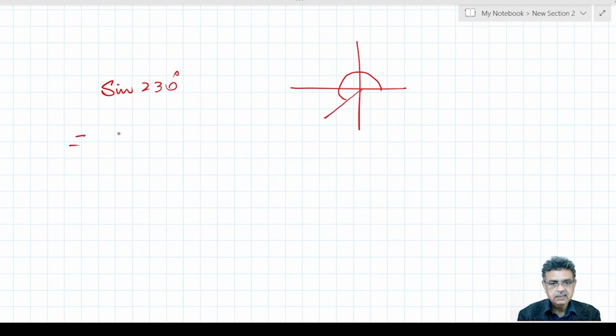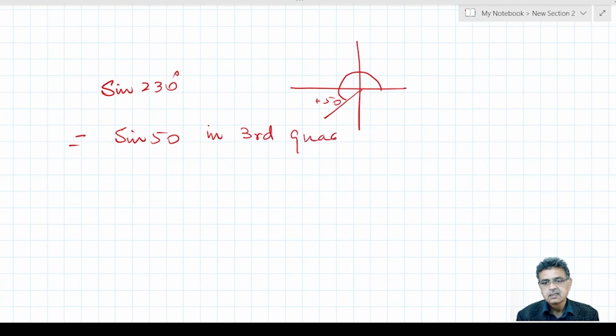This means sine 230 equals sine 50 degrees in the third quadrant. So this is the way you can decide that sine 230 degrees means sine 50 degrees in the third quadrant. Now what is the sign of sine theta?